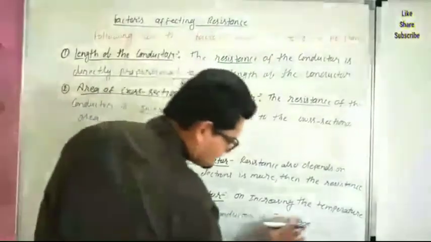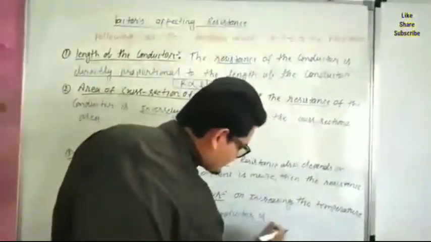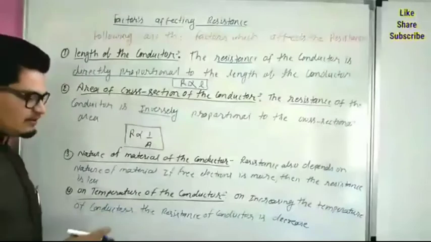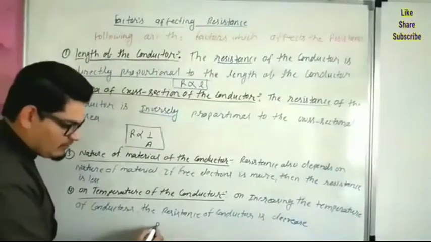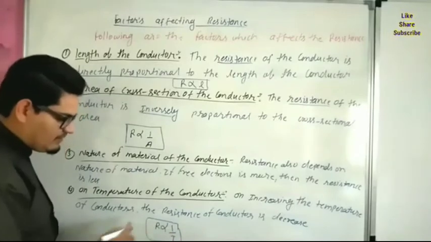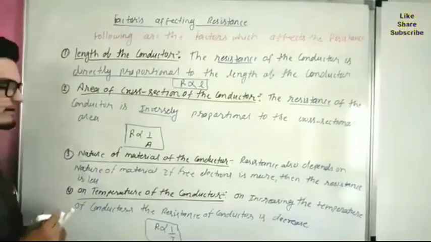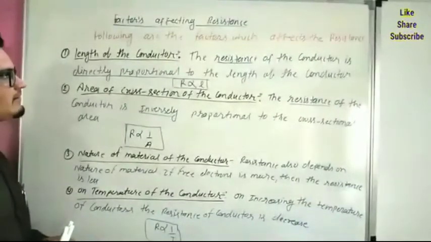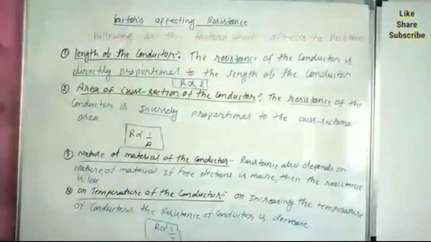Sorry, decreased. The resistance of the conductor is decreased. So resistance is inversely proportional to the temperature of the conductor. These are the factors affecting resistance.